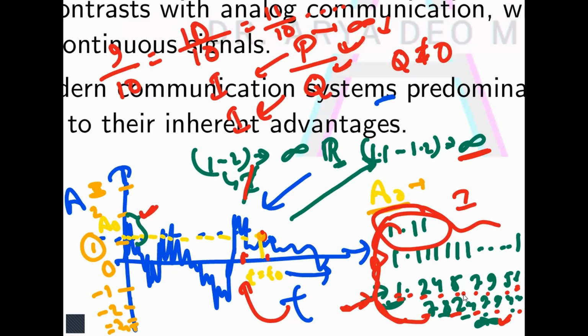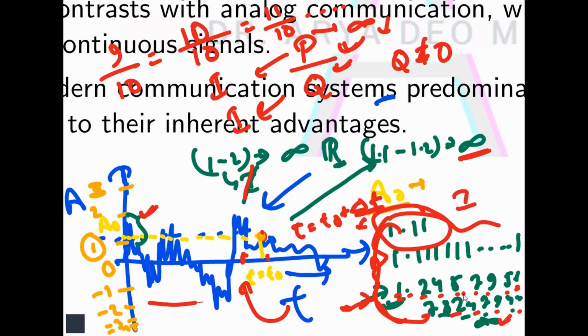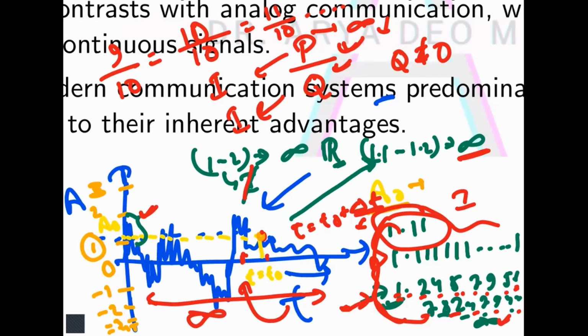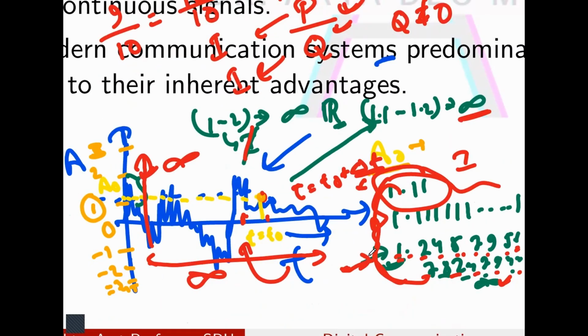The next instant of t equals t naught would be t naught plus some del t, but how small this del t would be, of course very small. So again, there would be infinite time-domain values, and infinite amplitudes that each of the values can take. This is what makes an analog signal a very difficult nut to crack.